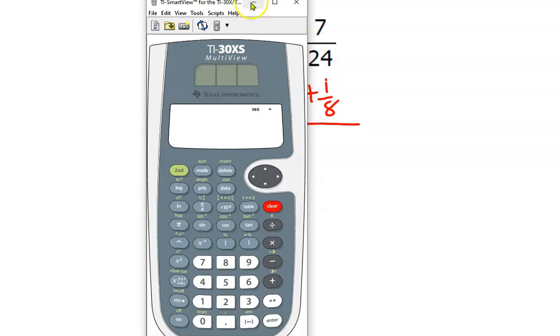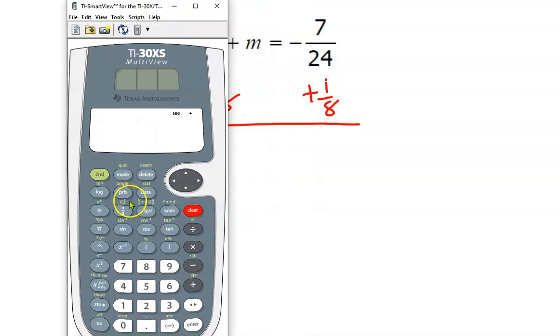Let's use this calculator. The negative sign on this calculator is right next to the enter key. -7/24 plus 1/8. -1/6.